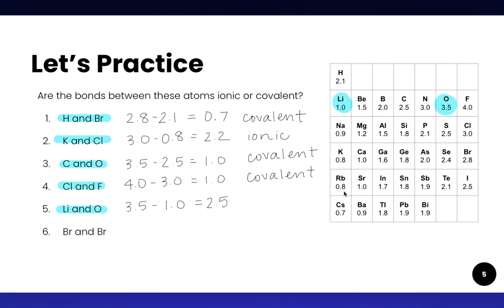This one is ionic. And last, bromine and bromine. Clearly a covalent bond.